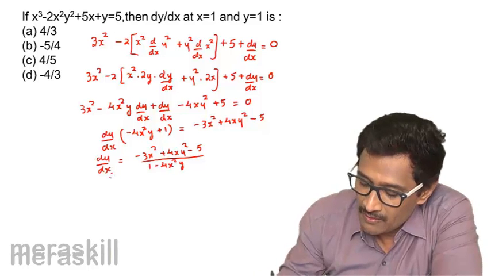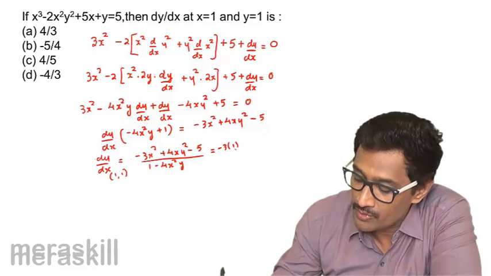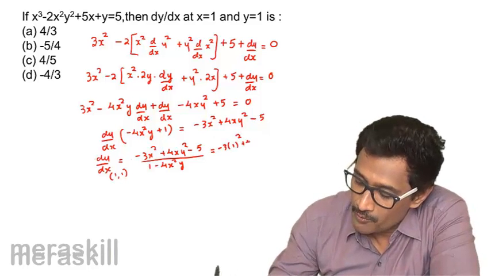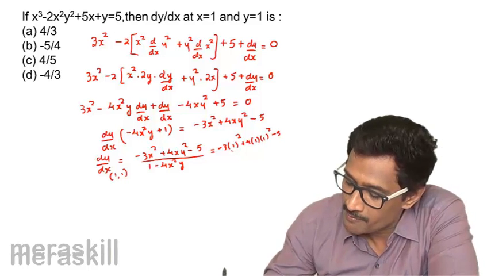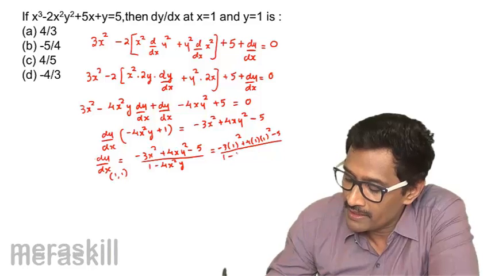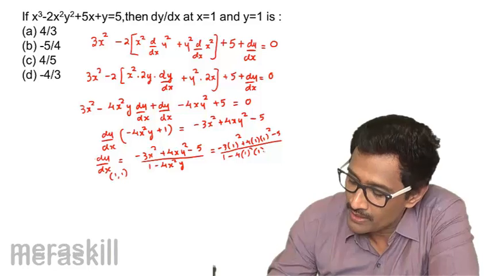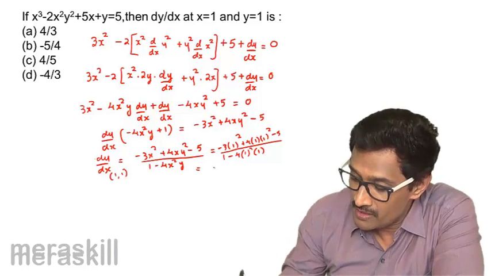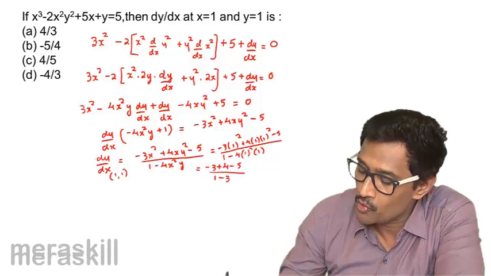Now at 1 comma 1, that's what they have said, it is going to be minus 3 into 1 square plus 4 into 1 into 1 square minus 5 upon 1 minus 4 into 1 square into 1. This turns out to be minus 3 plus 4 minus 5 upon 1 minus 4.